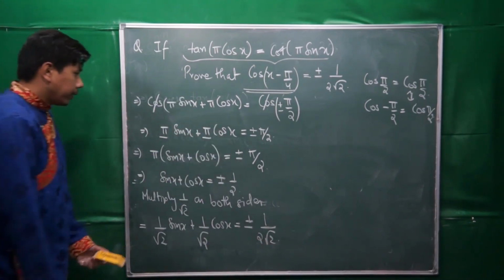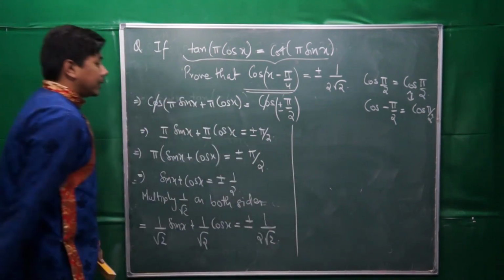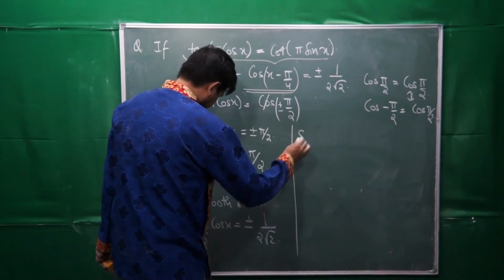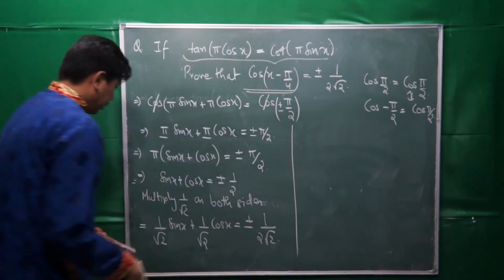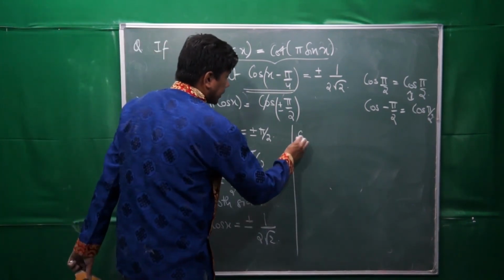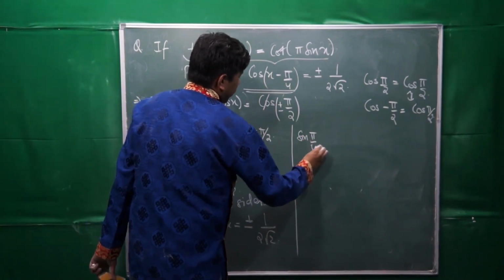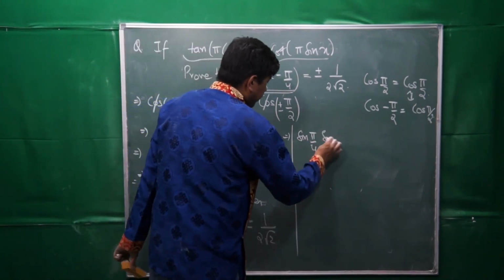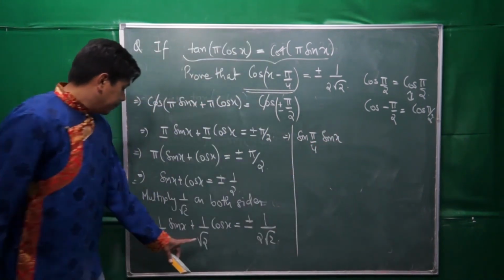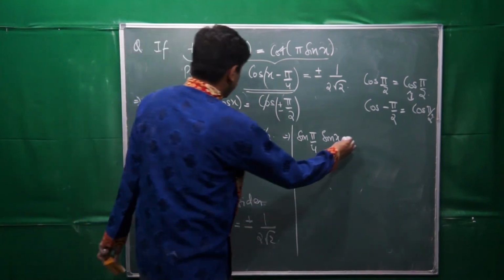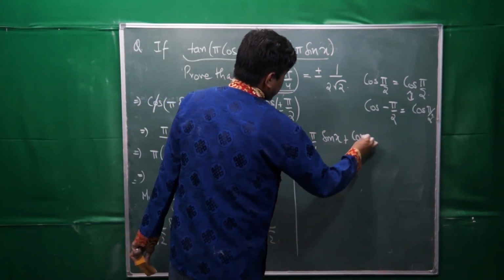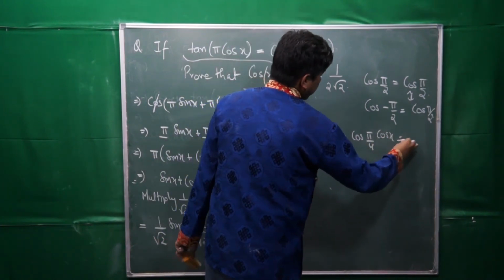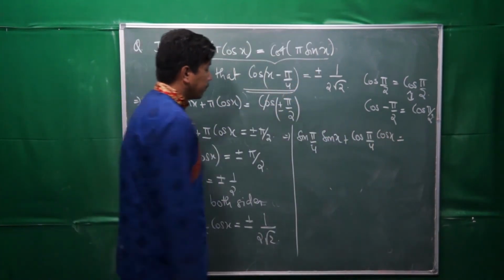Simple. So why did I do that? Because 1 by root 2 can be written as sin pi by 4, so sin pi by 4 into sin x. Similarly, over here 1 by root 2 can be written as cos pi by 4 into cos x, which is equal to plus minus 1 by 2 root 2.